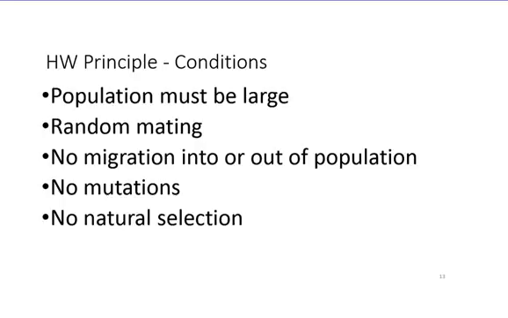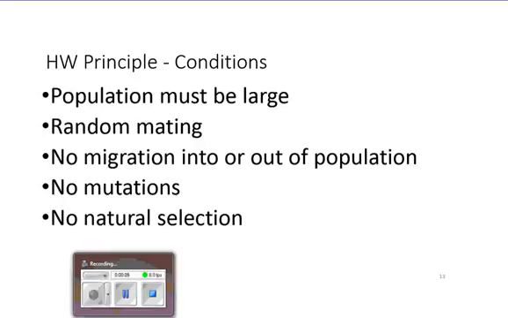Humans arguably are not changing that much because we kind of meet these 5 conditions in one way or another. But again, that's debatable. The idea is that in nature, this is not real. Genetic equilibrium does not exist. Populations are changing over time.